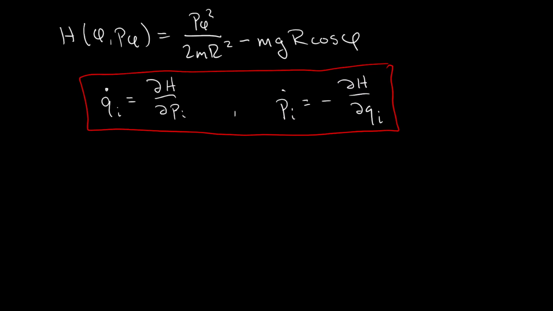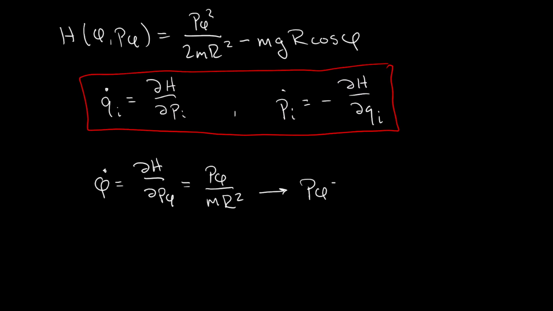So now phi dot is equal to dH/dp phi, which is p phi over m r squared. And of course, I can rearrange this and find that p phi is m r squared phi dot. Again, this is an angular momentum, not a linear momentum.